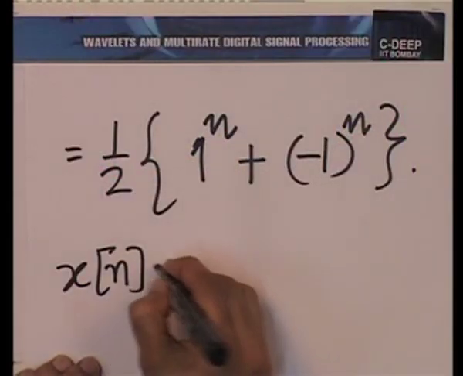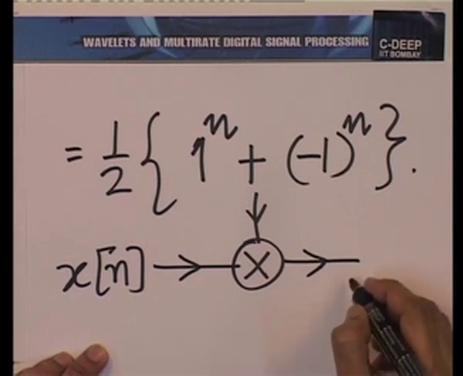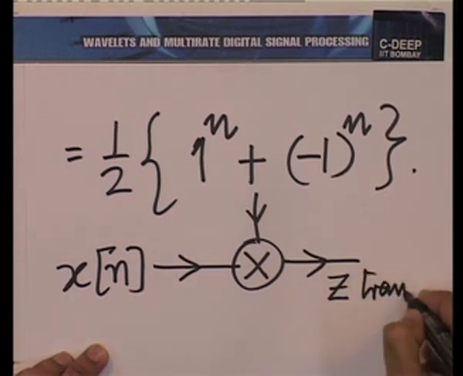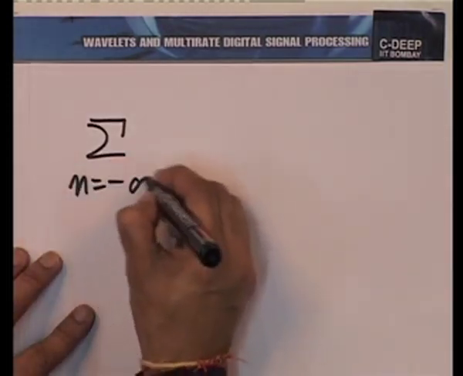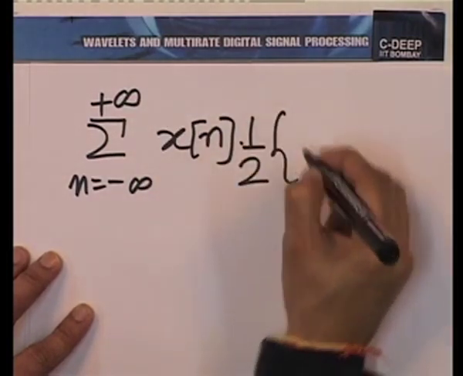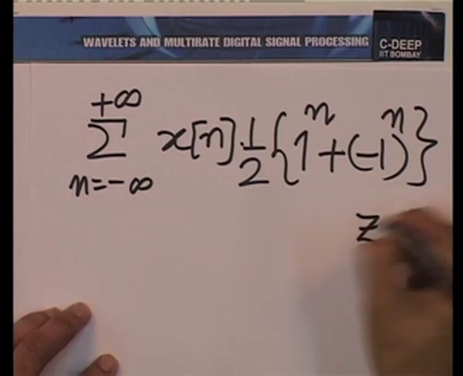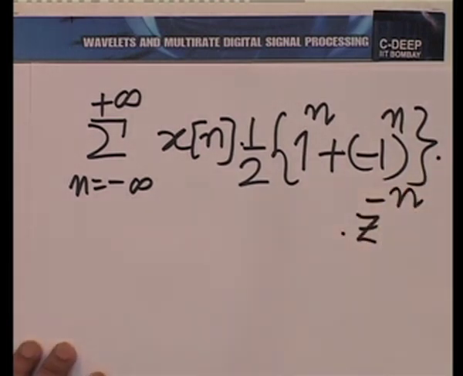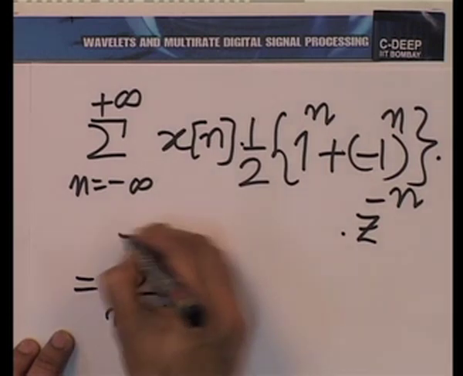Indeed, what we are saying is, if you have x n and you are multiplying this by this sequence and you wish to obtain the z transform here, all that you need to do is to express the following expression, n going from minus to plus infinity, x n into half 1 raised to the power of n plus minus 1 raised to the power of n times z raised to the power of minus n in the z domain, which is easily seen to be summation n going from minus to plus infinity.